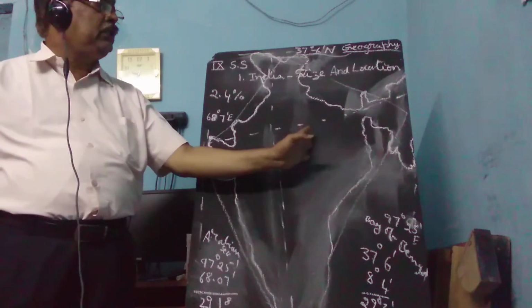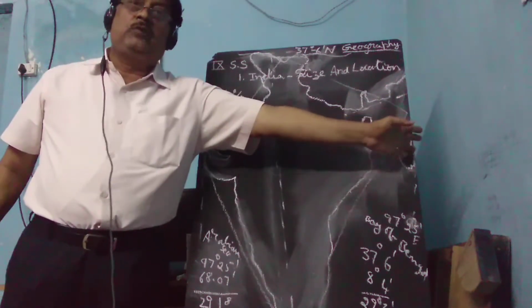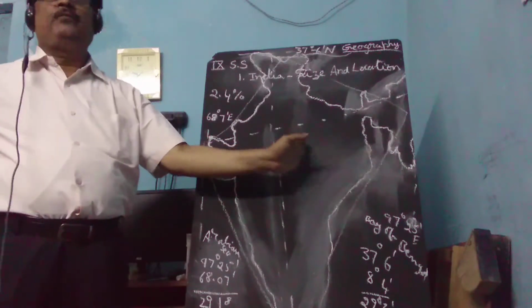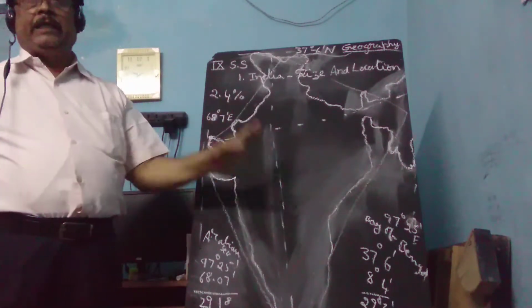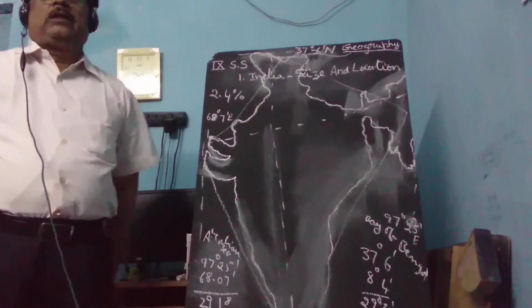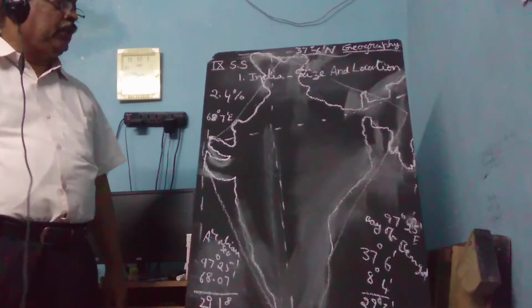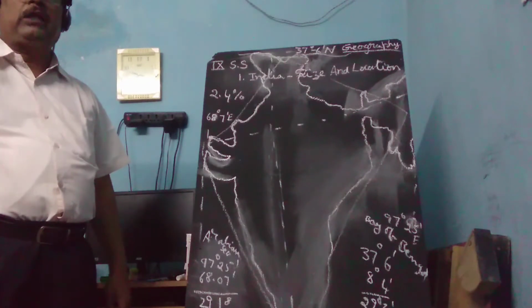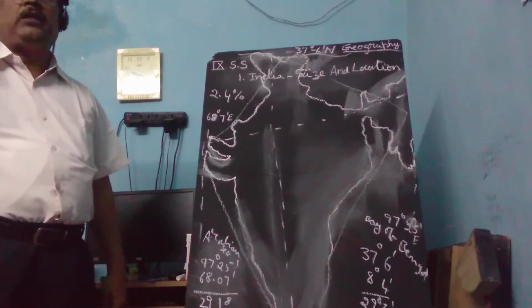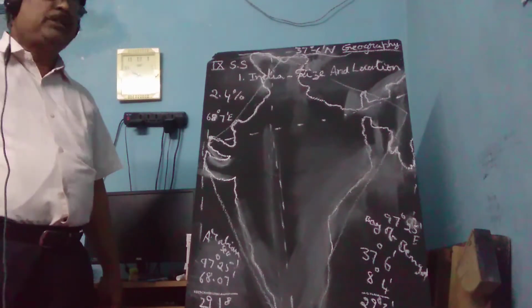Middle means it is equidistant from the easternmost part of India and also from the westernmost part of India. That is called the standard meridian of India. Already we have learned how to calculate the standard meridian of India in the 6th standard.